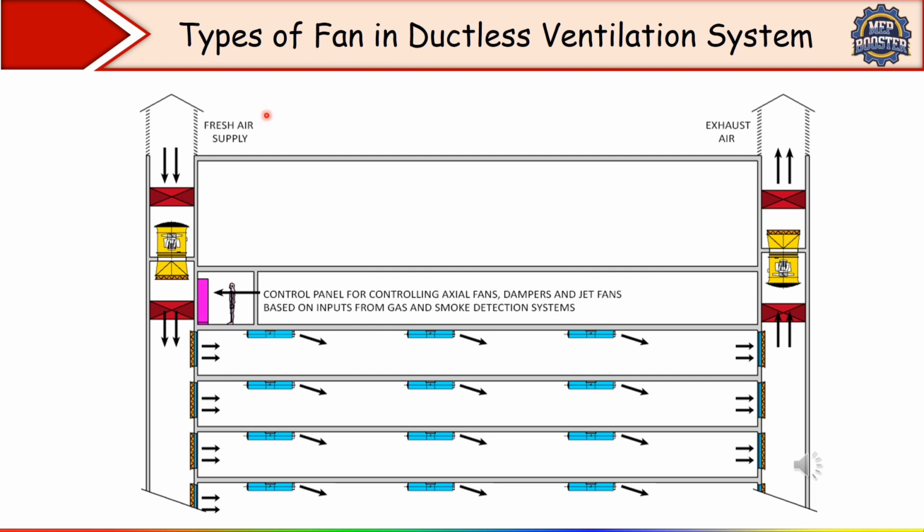We take that air from outside, this fan sucks it, and we forcefully supply that fresh air to each and every basement. Why are we supplying this fresh air? To maintain the indoor air quality, or rather, to maintain the oxygen level in the basement, with the help of the fresh air louver. In this way we have to install all this system.